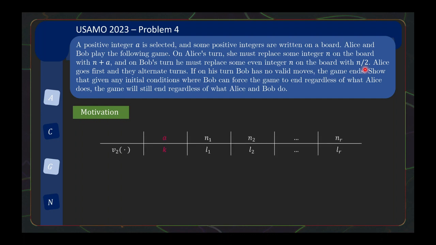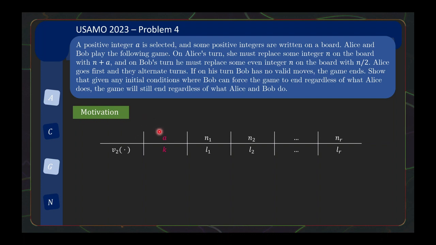And this is why we are led to consider this function here, which is typically called the 2-adic valuation. Or to put it simply, it describes the highest power of 2 which can divide the number.